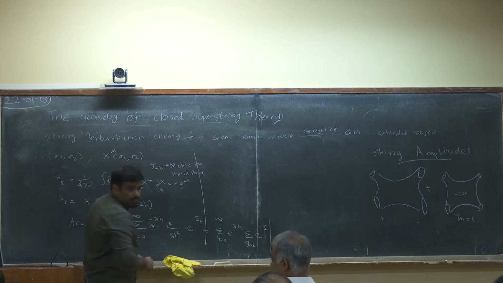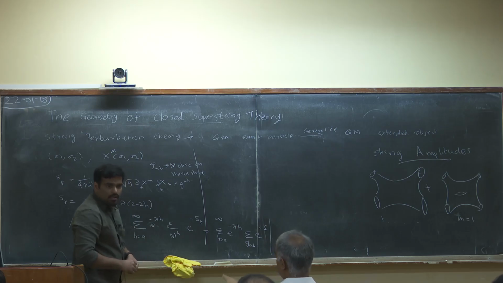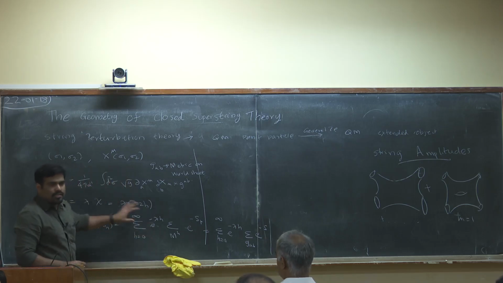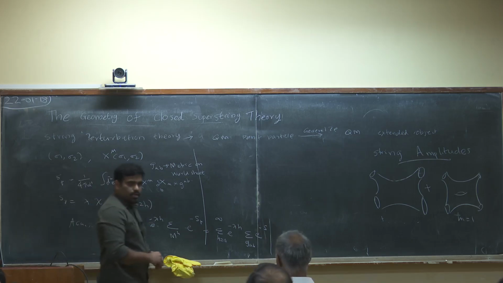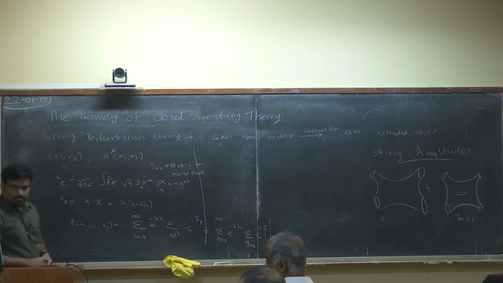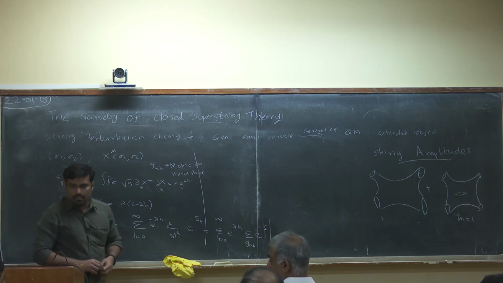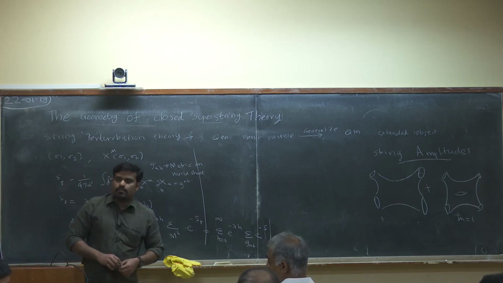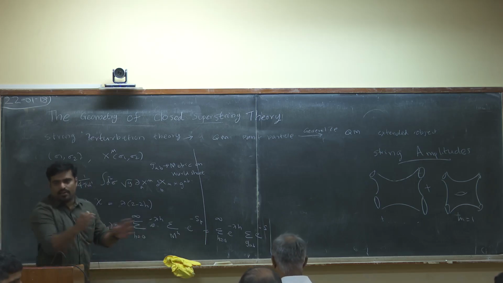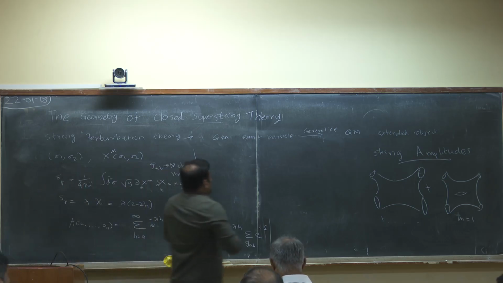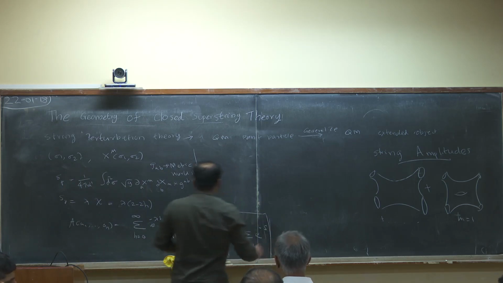There will be a common factor, which I can always take out. Exactly, a common factor which comes out of the sum. And you can just renormalize the vertex operator. So that's the basic story.